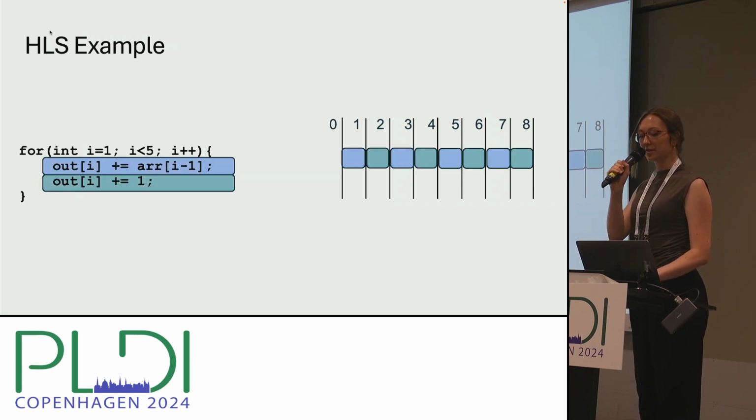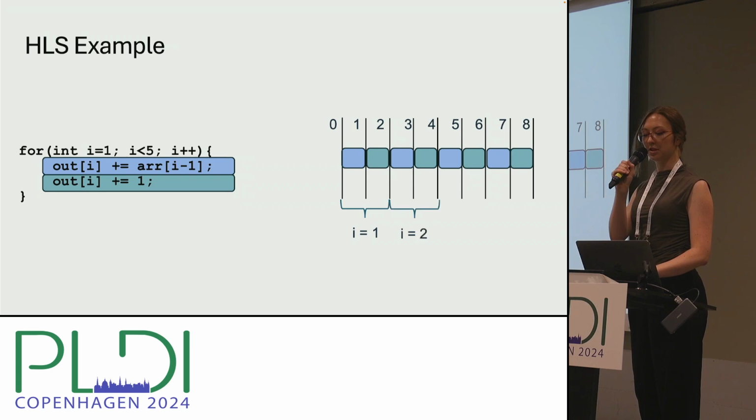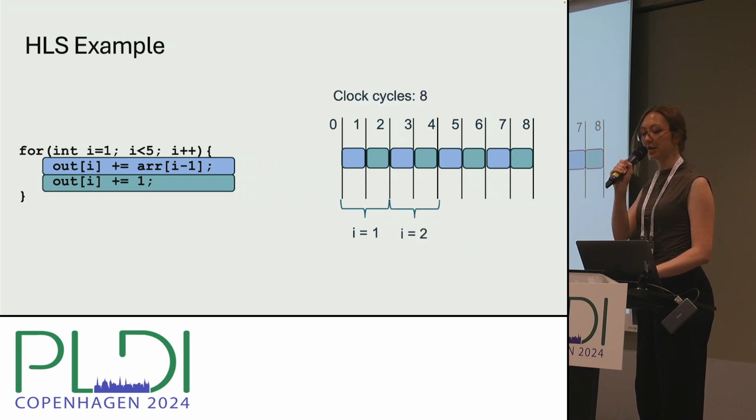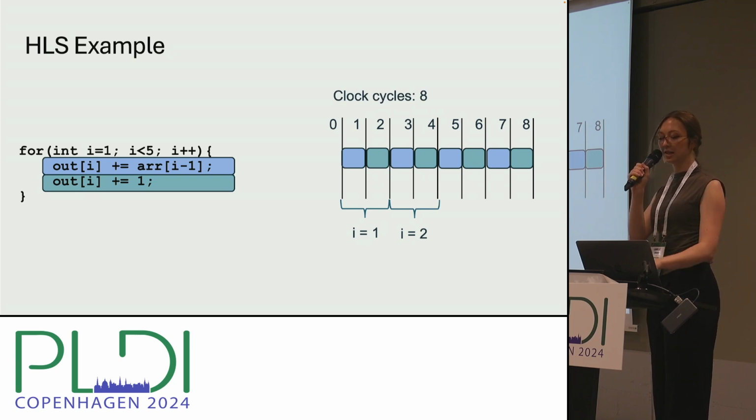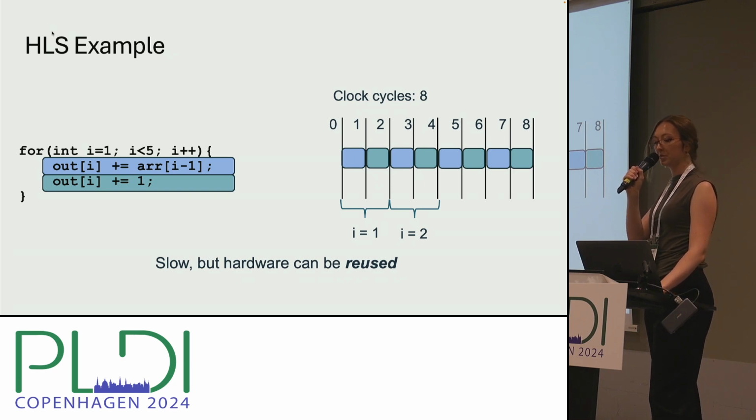So the way that this gets scheduled is these operations happen in sequence instead of in 1 or 2 parallel cycles. And this is just the sequence of the different loop iterations. So that will take 8 cycles.